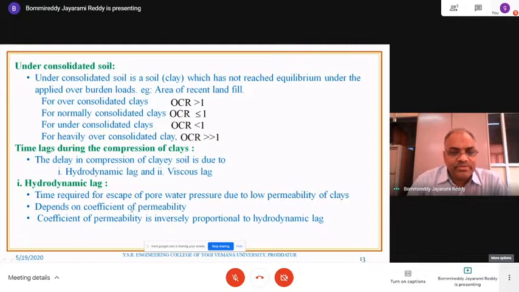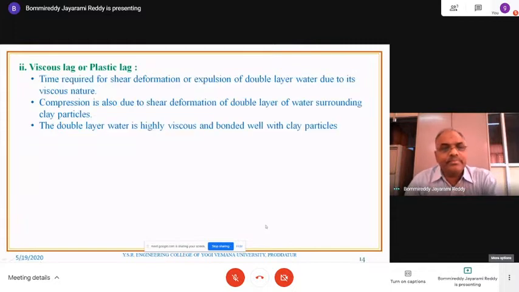So coefficient of permeability is more important. The lower the coefficient of permeability, the more time it will take. If the coefficient of permeability is more, it will take less time to escape the entire pore pressure. So, coefficient of permeability is inversely proportional to the hydrodynamic lag. If the coefficient of permeability is low, the hydrodynamic lag is more.